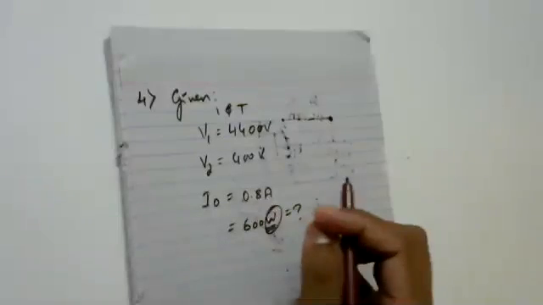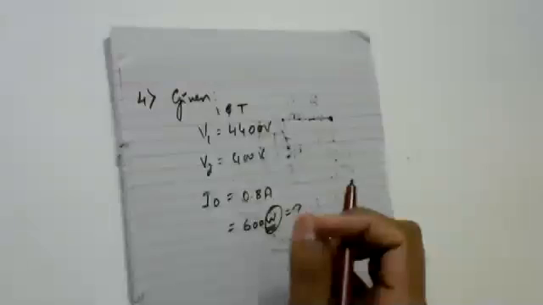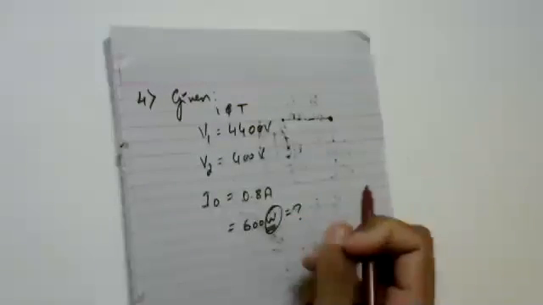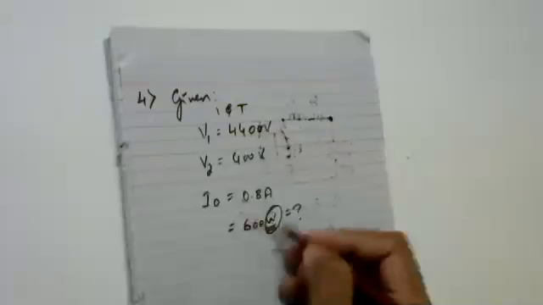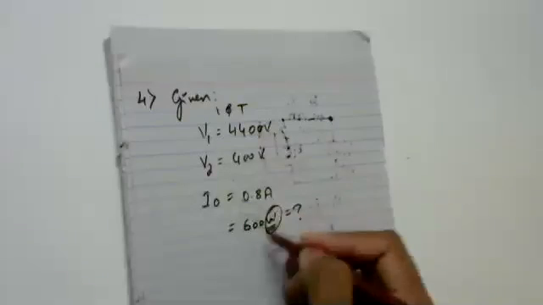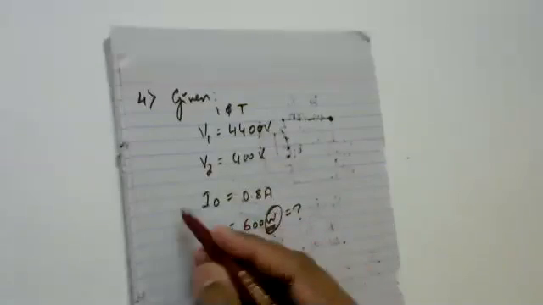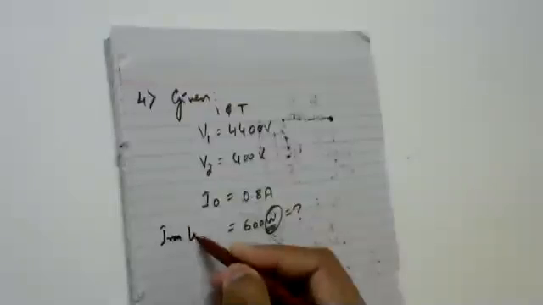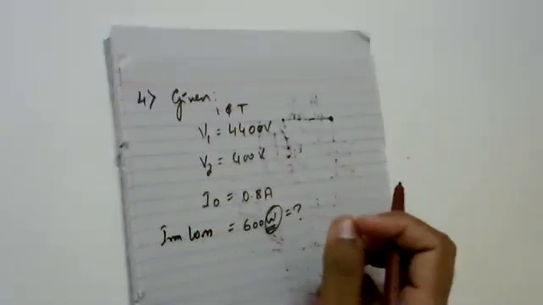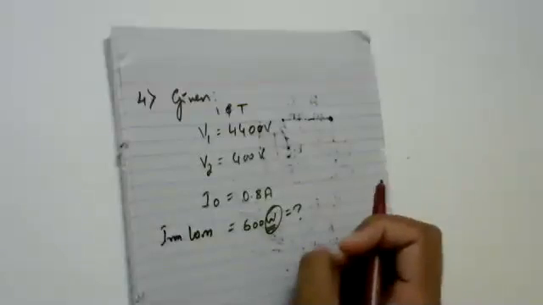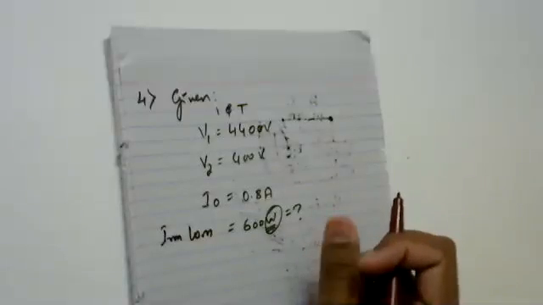So this 600 watts is nothing but the iron loss occurring in a transformer. Okay, now what is he asking us to compute?